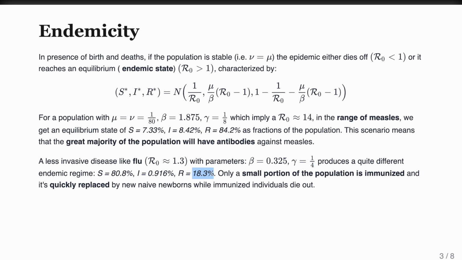This tells us how a disease with very high R0 will be consistent and stable in the population, and this will produce the situation in which most of the population will have encountered the virus in their lives.